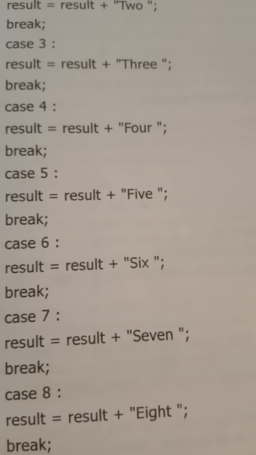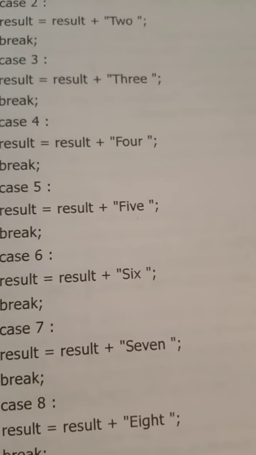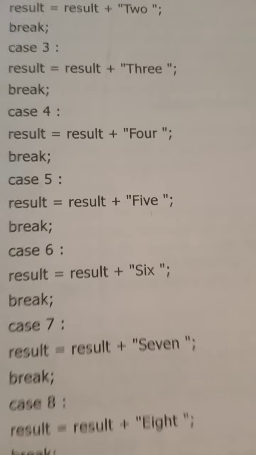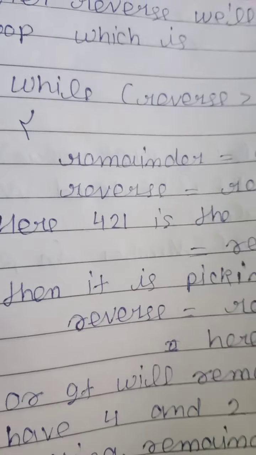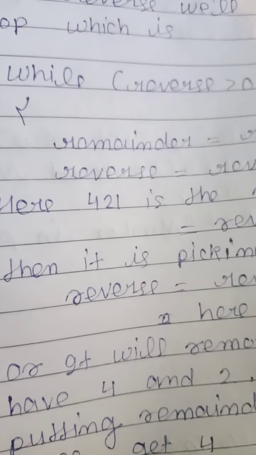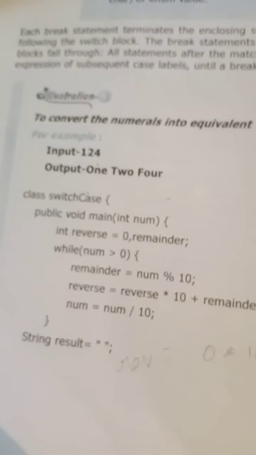Every time it is putting at first place it will remove 1, then at second iteration it will remove 2, and then in 421 at first iteration it will remove 1, at second iteration it will remove 2, at third iteration it will remove 4. So one by one we will get the value as 1, 2 and 4, and we will get the output as ONE1, TWO2 and FOUR4.